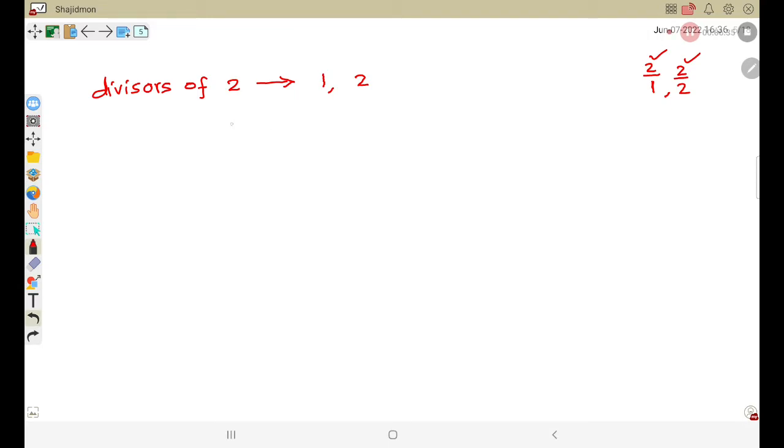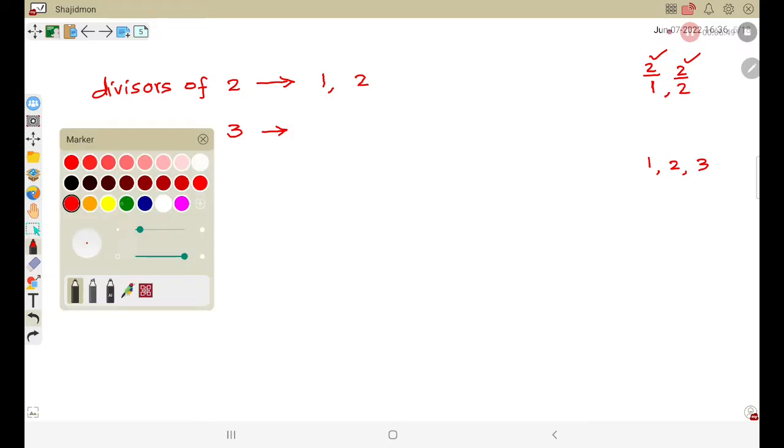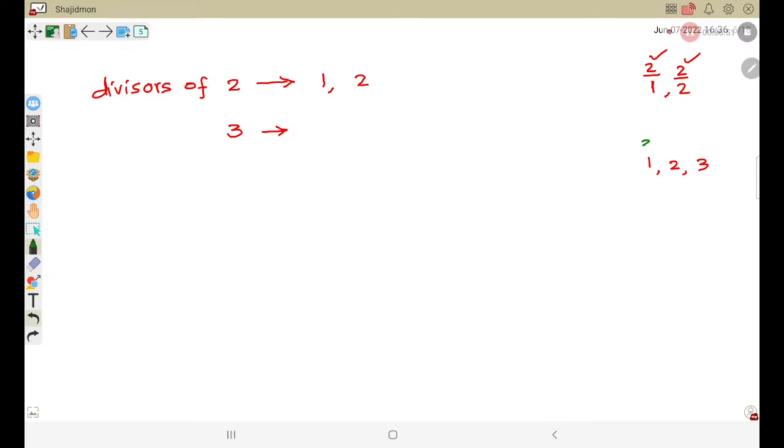Now, for example, divisors of the number 3. Just to check 1, 2, 3. Out of these 3 numbers, what are the divisors of the number 3? First we are taking number 1. Can we divide 3 divided by 1? Yes, because 3 divided by 1 you will get 3, an integer number.